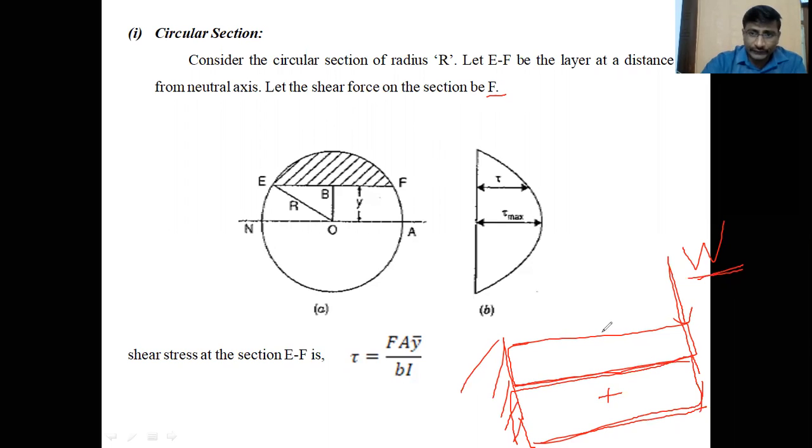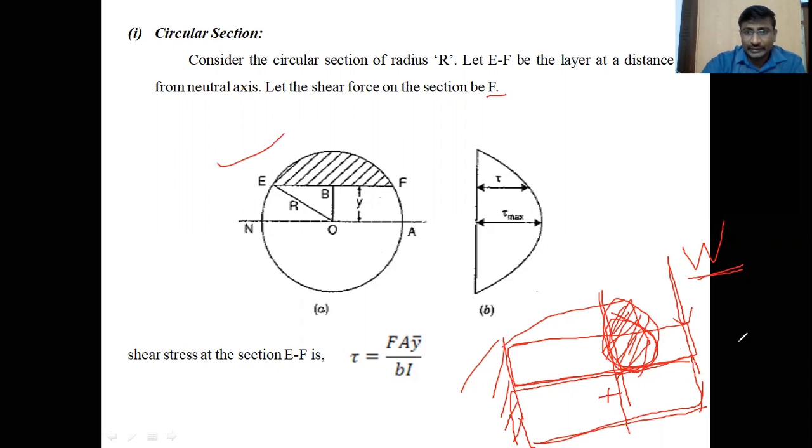So for this beam, let us cut the beam at a particular section and look from the side view. If it is a rectangular section, it looks like this. If it is a circular section beam, then cutting at a particular section, in side view it looks like a circle.